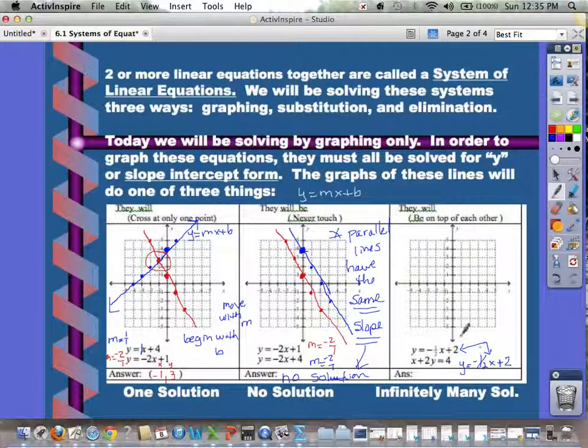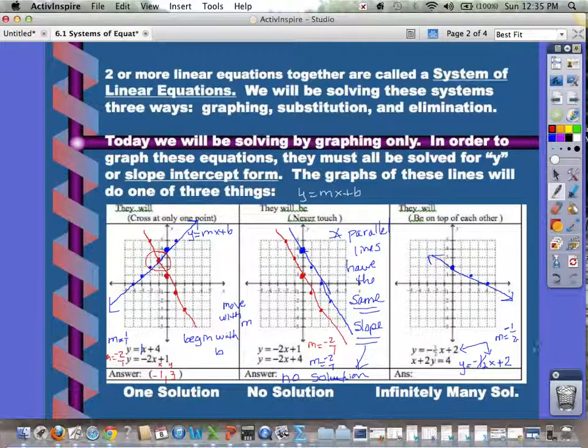All right, so let's go ahead and begin on B. That's at 2. Put a dot. And then my slope is negative 1 over 2. So I'm going to go down 1 and over 2, and draw my line. Okay, I'm going to get a different color.